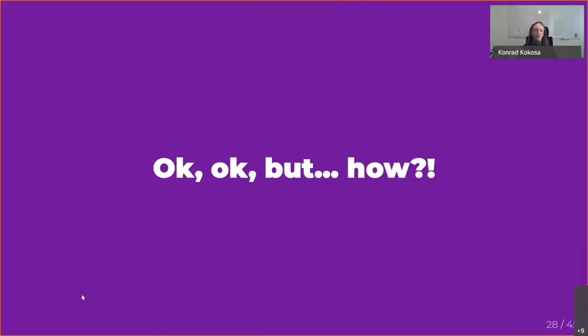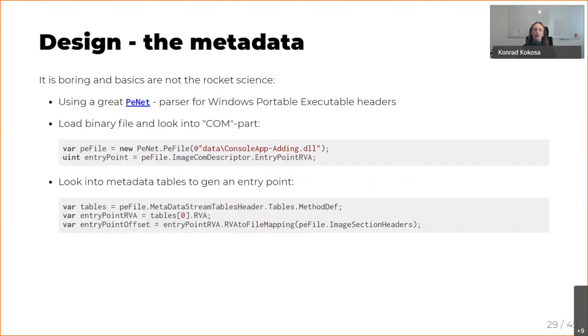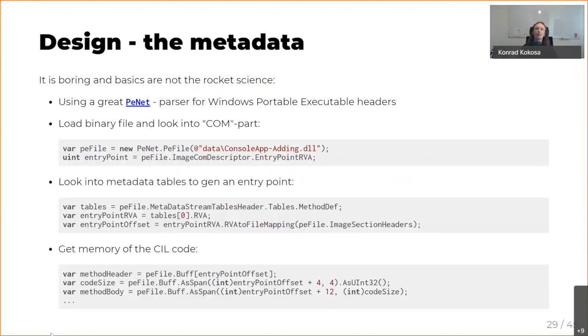Now, how all this is working on the code level. Just a few examples, because it would be pretty boring to cover everything. The metadata, I'm just reading with the help of the PENet library, nothing super sophisticated. It is a pretty nice library that is able to read, for example, Windows portable executable headers.